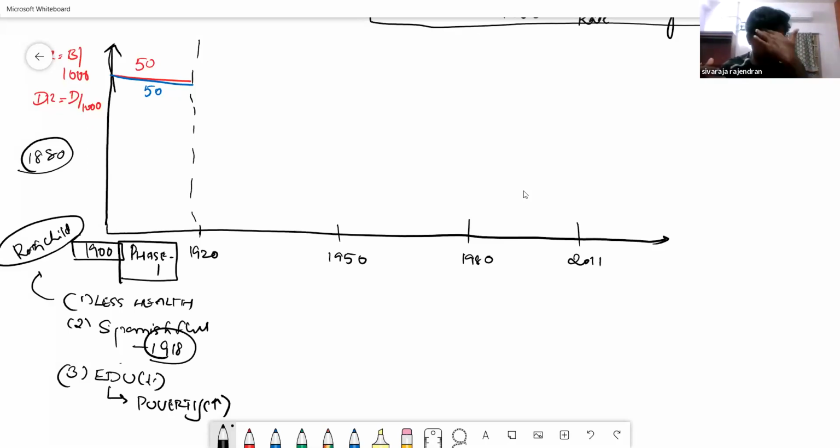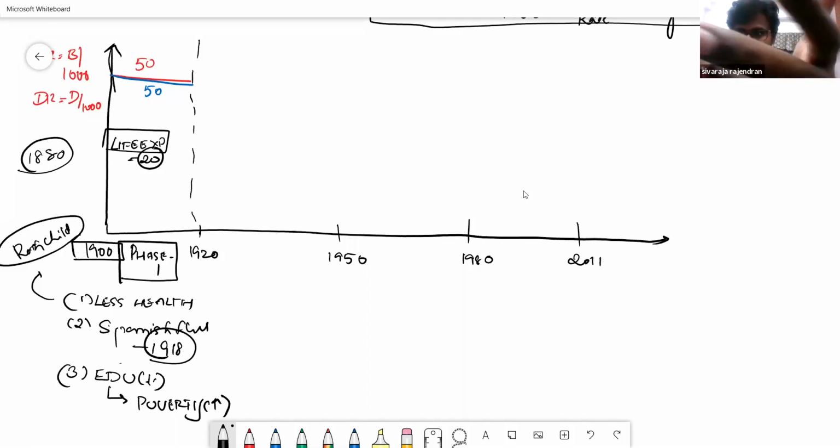For example, if I had been born in the 1900s, my average life expectancy would be 20. Maximum my expectancy would be to live 20 years. If I am able to live 20 years, well and good. And as a result, there will be a high total fertility rate.